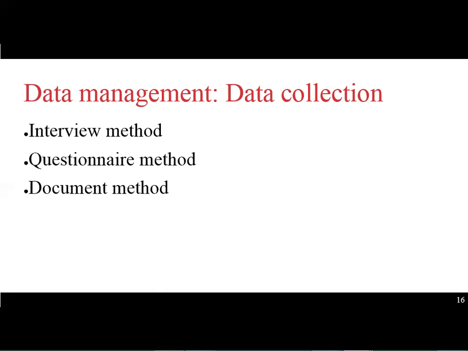Then the fourth one, we have the observation method. The observation method is the method where the data is acquired and recorded through direct observation by the researcher of an actual situation. It is relatively expensive.